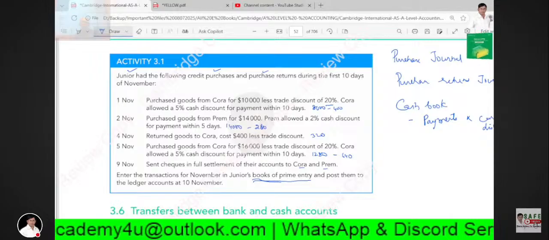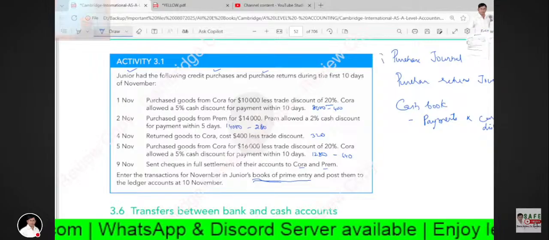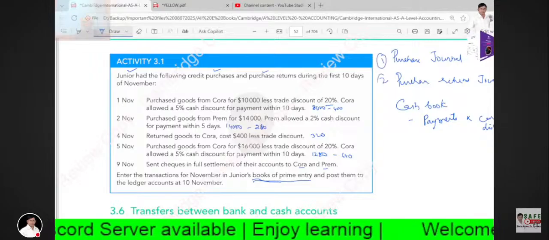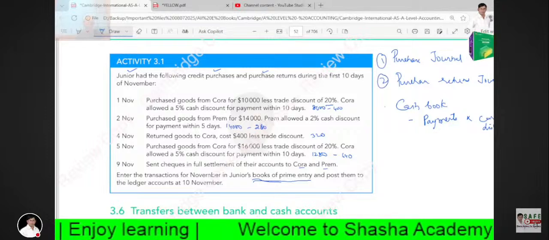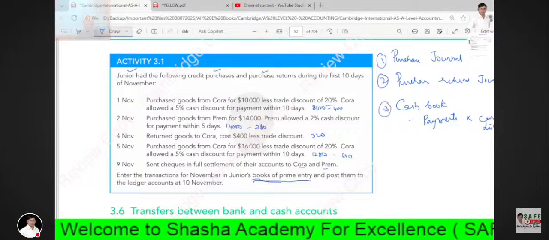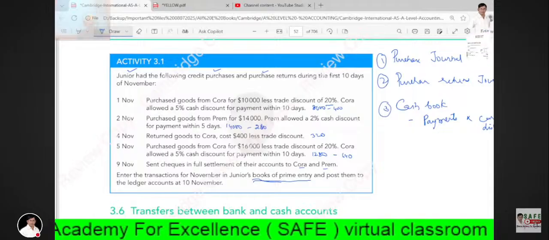So we have to write three books of prime entry: purchase journal, purchase returns journal, and cash book.